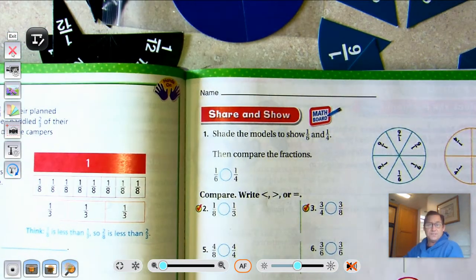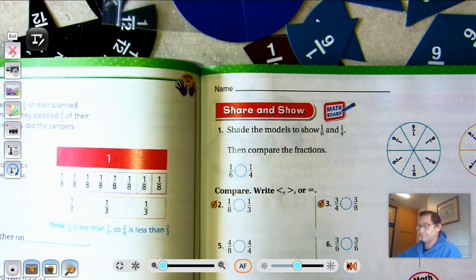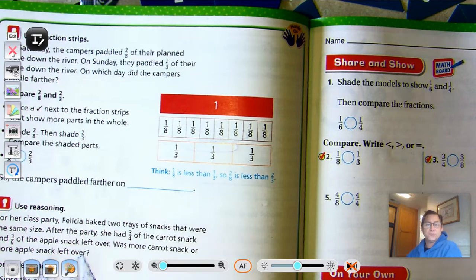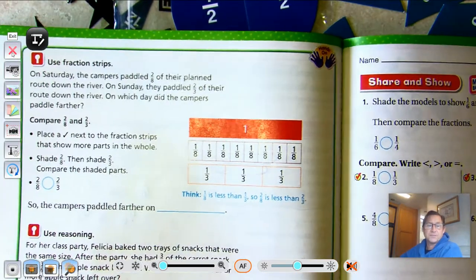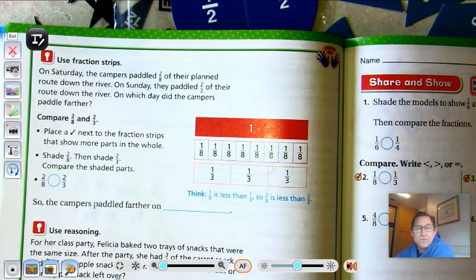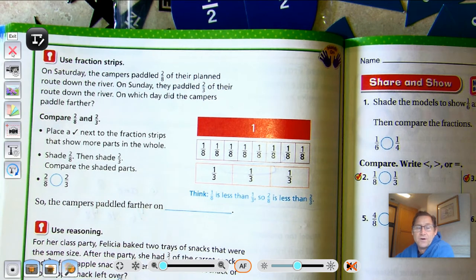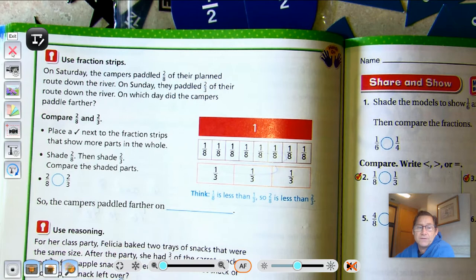So another way we could do this, so we had circles divided into wholes in the last one, but we could also use fraction strips. So let's look at it this way. On Saturday, the campers paddled 2/8 of their planned route down the river. On Sunday, they paddled 2/3 of their route down the river.